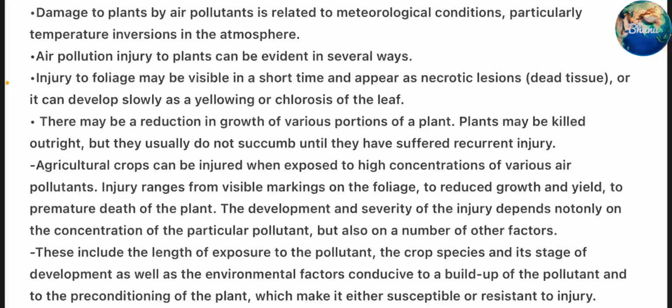These include the length of the exposure to the pollutant, the crop species and its stage of development, as well as the environmental factors conducive to a buildup of the pollutant and to the preconditioning of the plant, which make it either susceptible or resistant to injury.